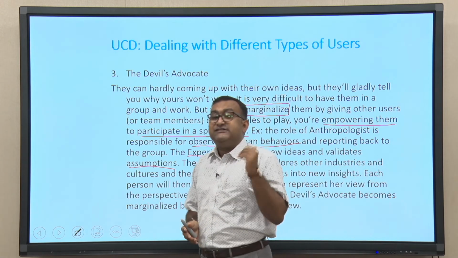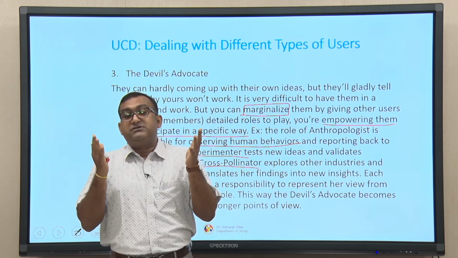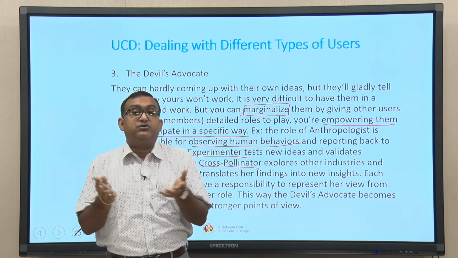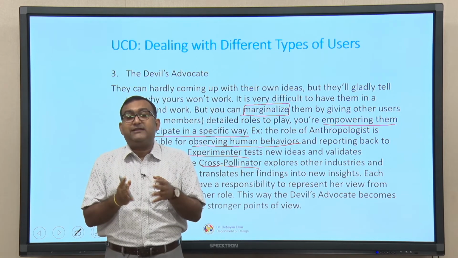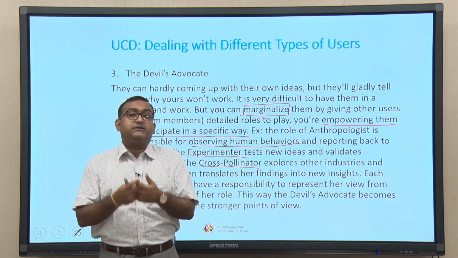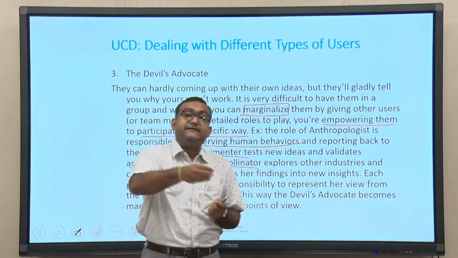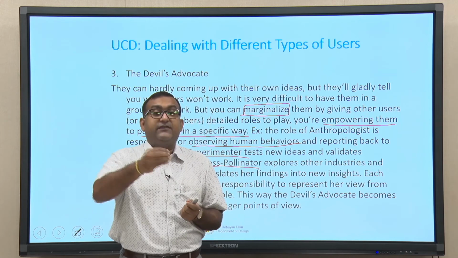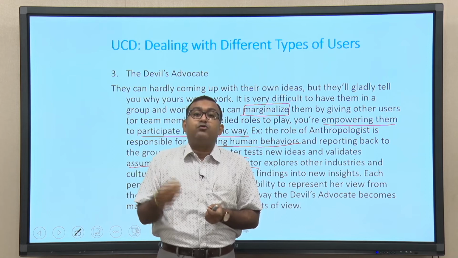The approach that we just discussed is how Mr. Kelly of IDEO in his book talks about that. He says that in order to ensure that these people do not derail the discussion in the meetings or in the group discussions, you must ensure that the other members of your design team play their role effectively.